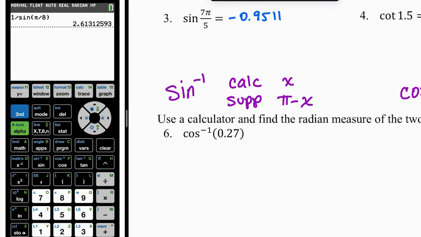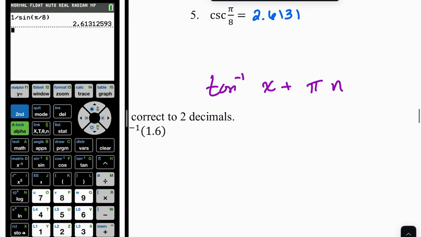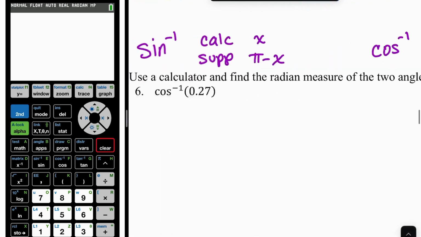But since we're talking about radians, 180 degrees is now pi. Cosine inverse is plus or minus whatever the calculator gives us. And then tangent inverse is going to be whatever the calculator gives us plus not 180 n, because 180 is degrees, but pi n. So make sure that when you're doing this on your homework, quizzes, tests, show your work. Don't just type it in and write down your answers.